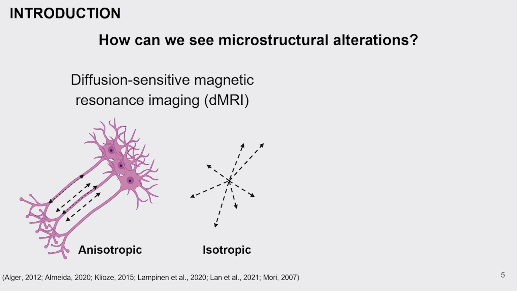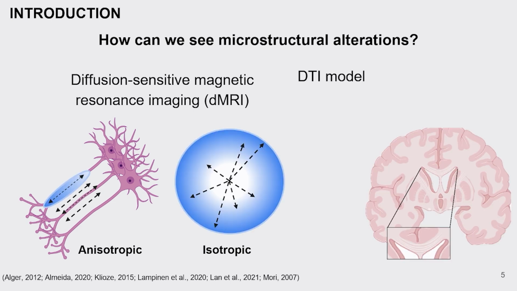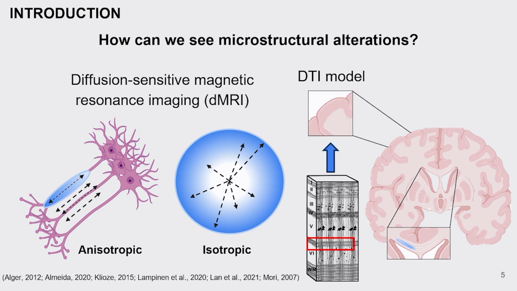But in order to represent the tissue, mathematical models are used. For example, in the DTI model, the white matter, which has many homogeneously oriented axons, is represented by an ellipse. But in the case of the cortex, it is not that the gray matter doesn't have a specific orientation, it is more complex.